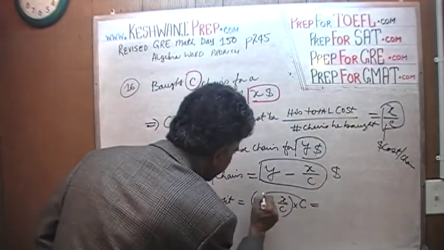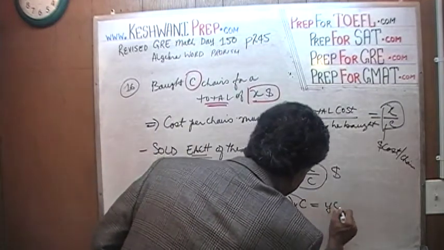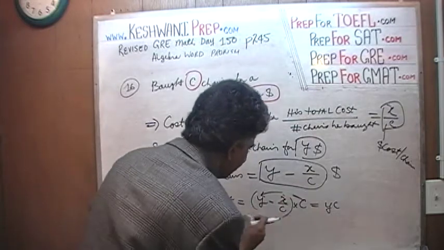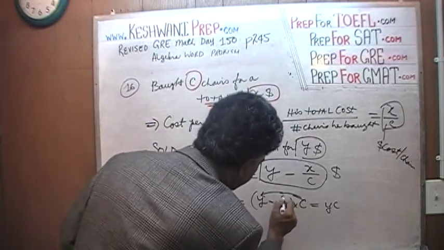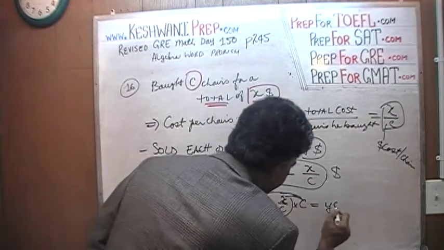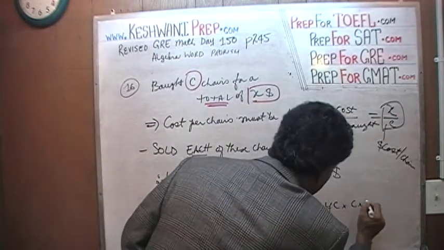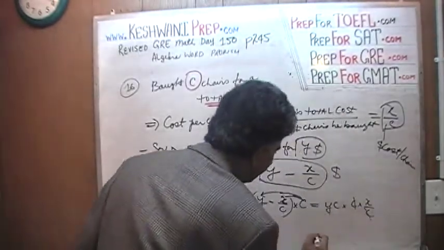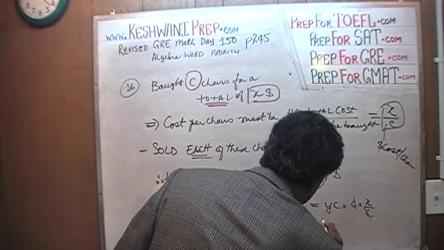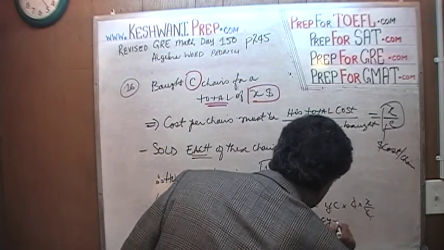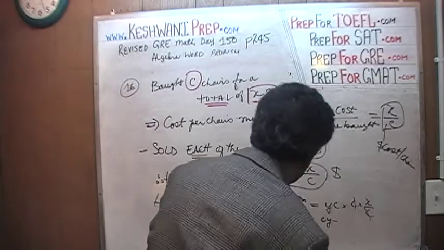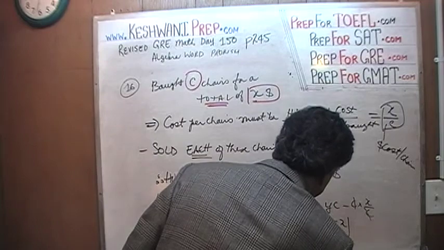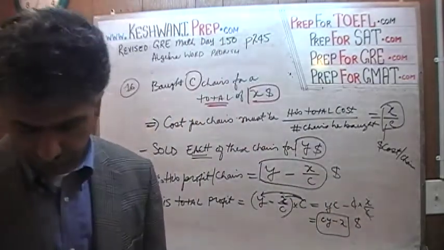So it's Y times C, and then C times X over C. These C's are going to cancel out, and it is simply C times Y minus X.